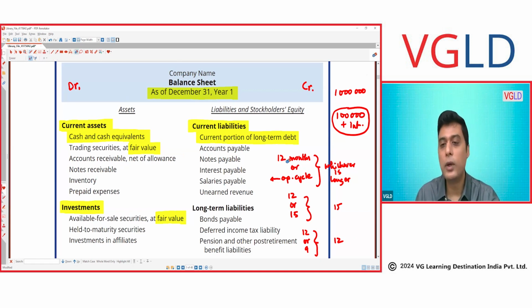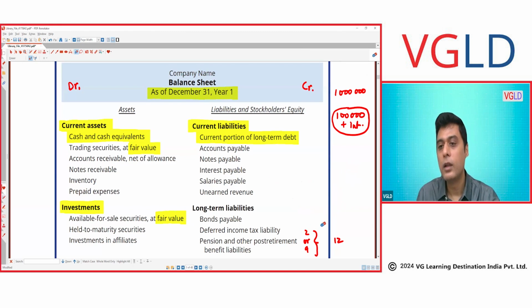So the 12 months or operating cycle, whichever is longer, is current. Let's consider 12 months only here, just for this example. Although it's a 10-year loan, this portion is due within the next 12 months.